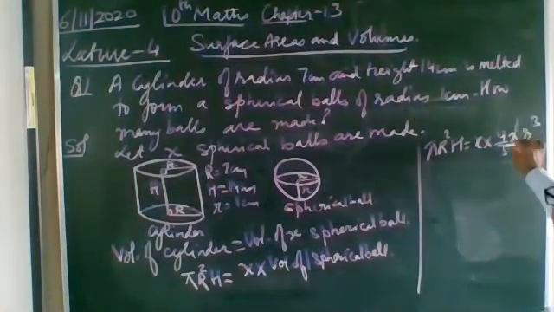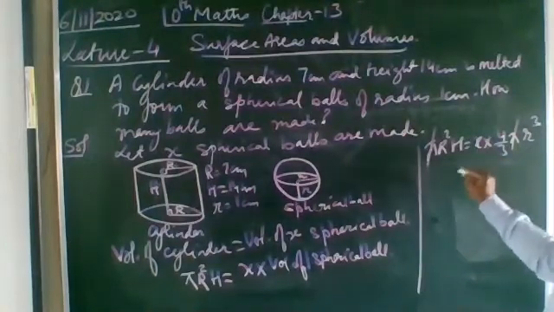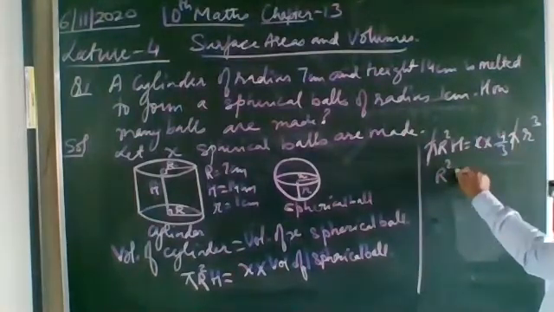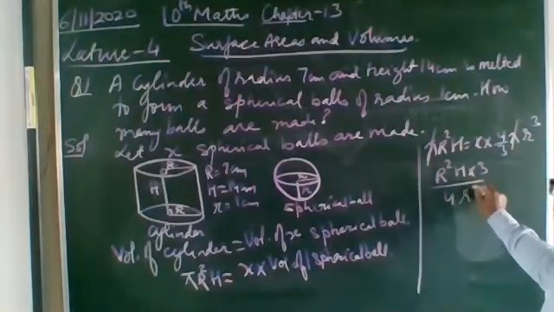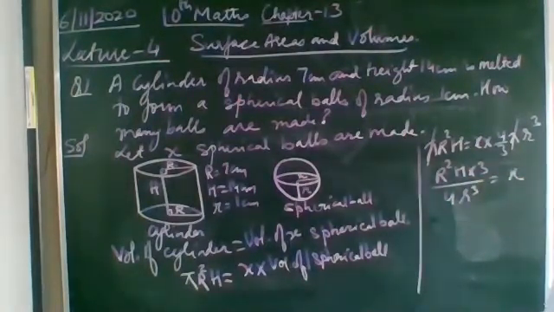Now this pi and this pi cancel. So you have to find out x. So what you write? R square H into 3 upon 4 r cube equal to x.